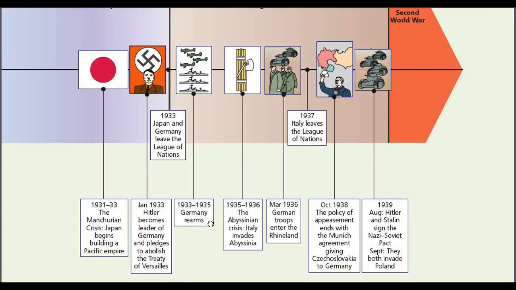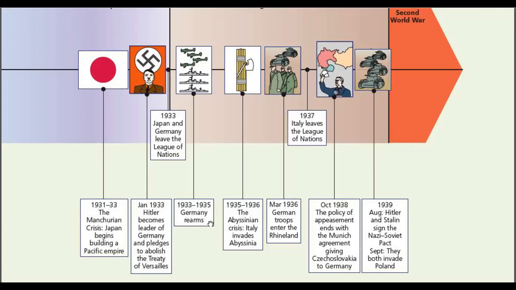About 1933, Hitler became the leader of Germany and the Versailles Treaty was pushed out. No more Versailles in Germany. Japan and Germany leave the League of Nations. They said there was no need for the League of Nations. They leave, finished.